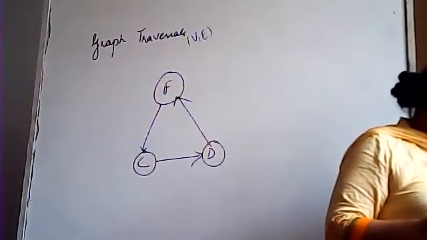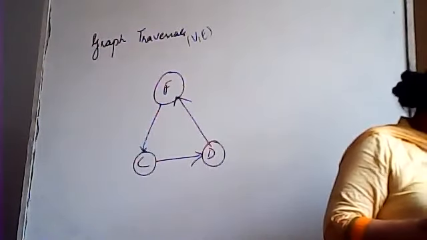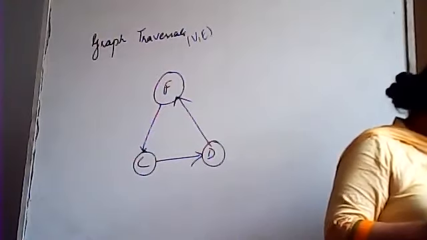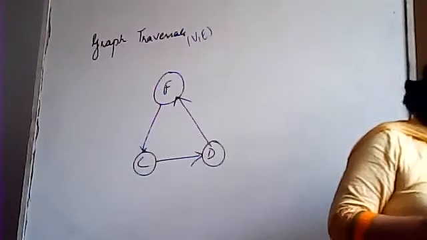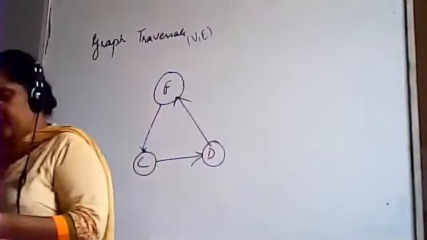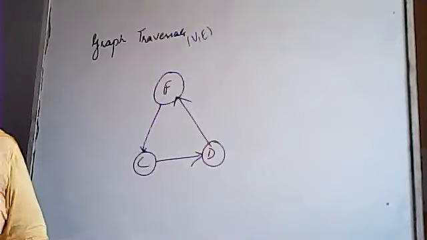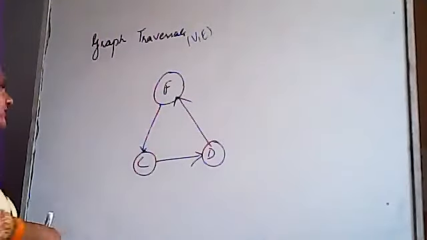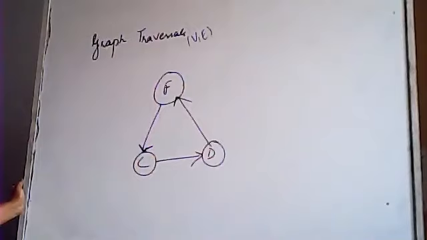Will you be able to move the edges according to in degree 0, since every vertex is having one incoming edge? Can you do it? Yes or no? No, ma'am. So in this condition, you are seeing a kind of deadlock, like you saw in your operating system.